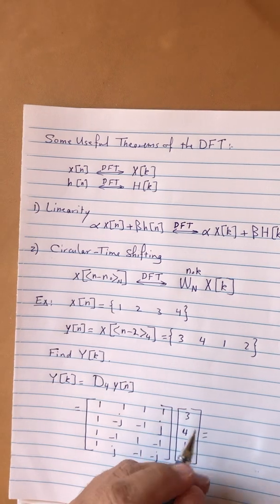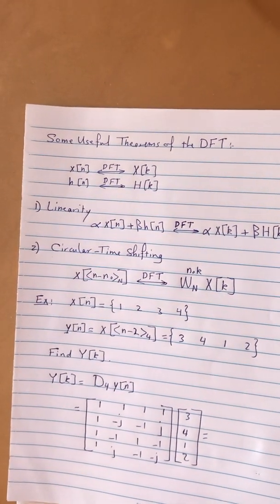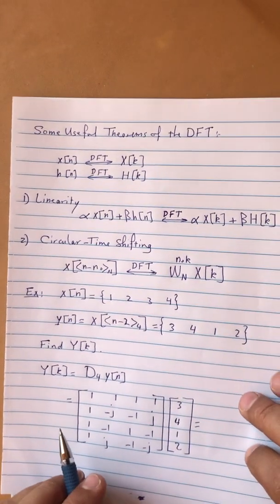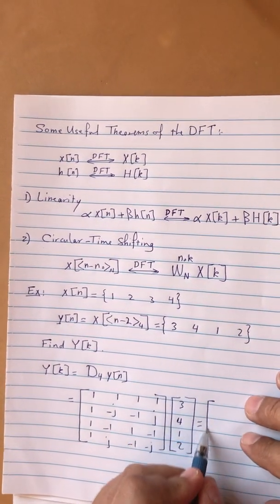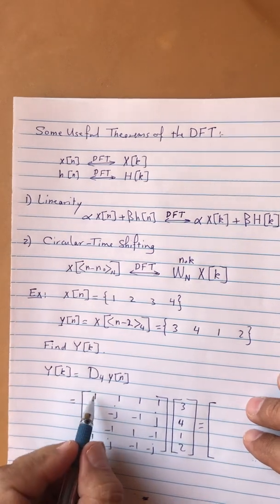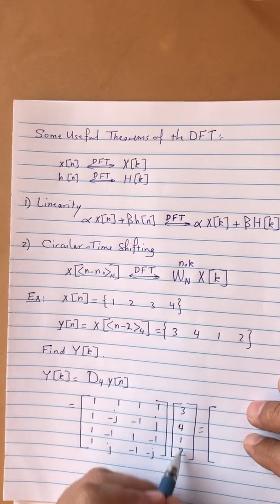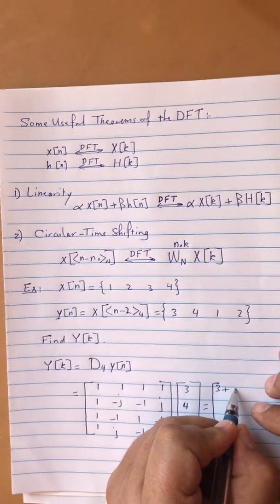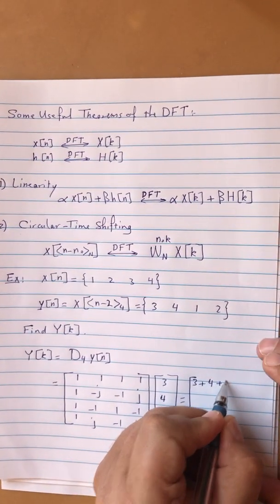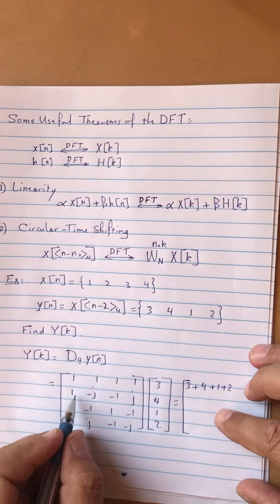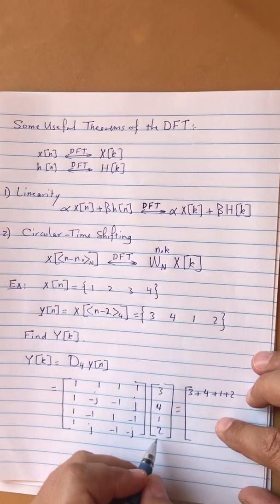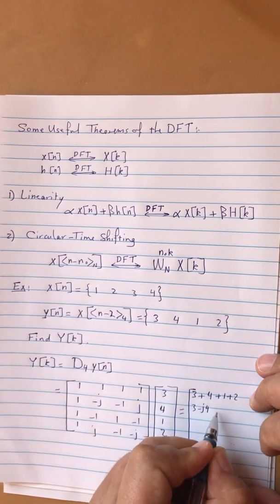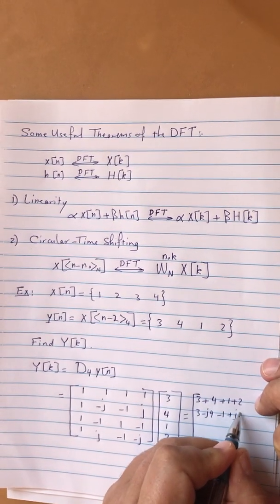And if we multiply those, we end up with: the first row times the column gives us 3 plus 4 plus 1 plus 2. The second row times the column is equal to 3 minus j4 minus 1 plus j2.